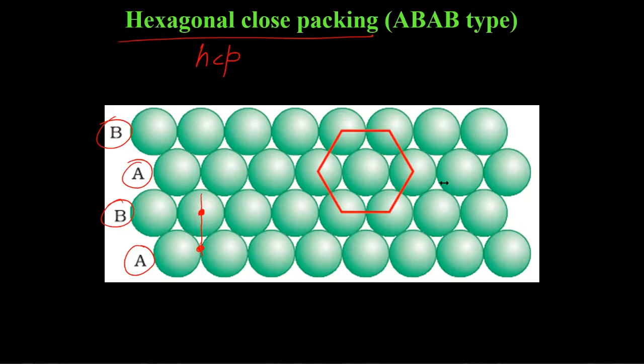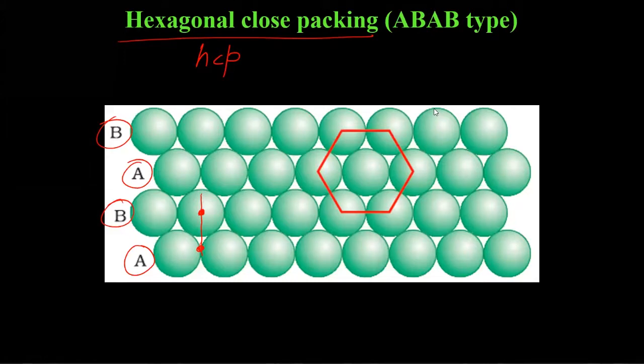In this case a hexagon is formed, so that's why it is called hexagonal close packing. And we will be talking about three dimensional, not two dimensional. This is for explanation of how many types of three dimensional packings there can be.